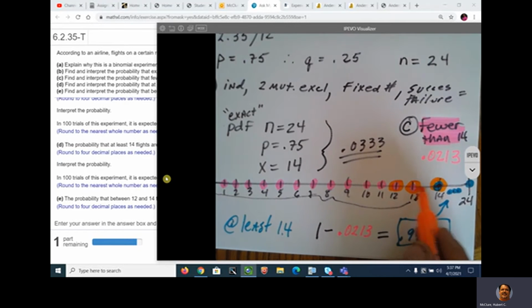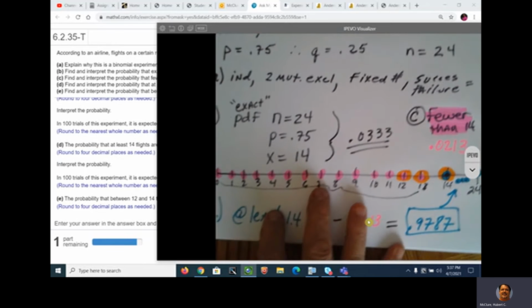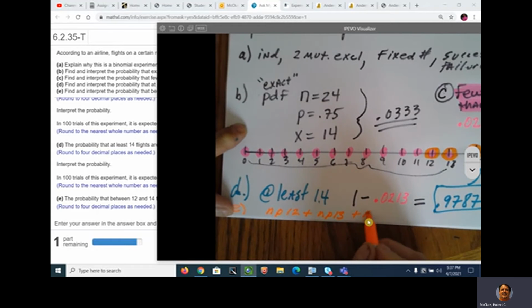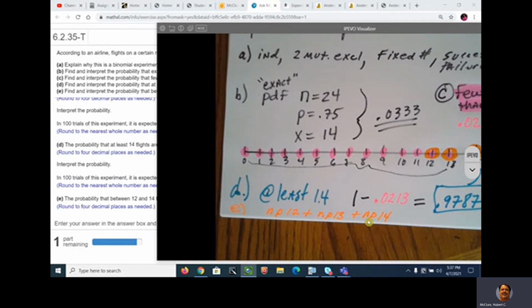So you're going to add those 3 probabilities up. I'm going to do NP 12 plus NP 13 plus NP 14 in my calculator.